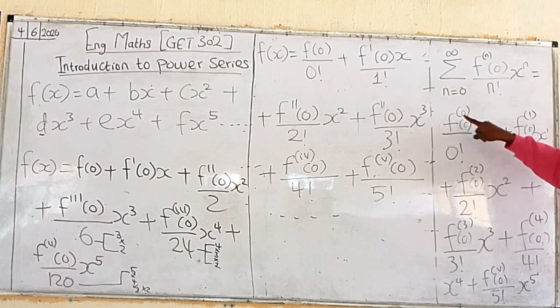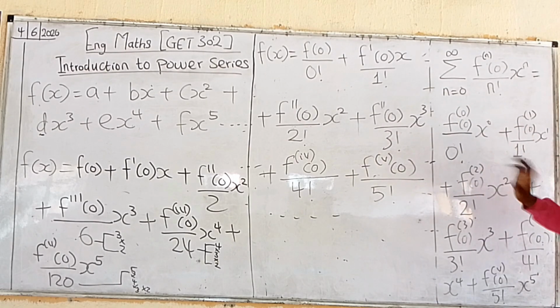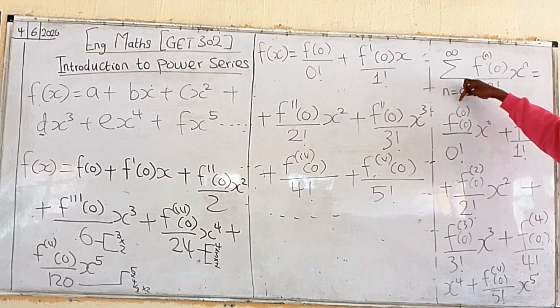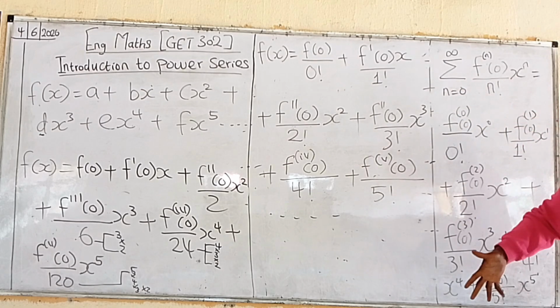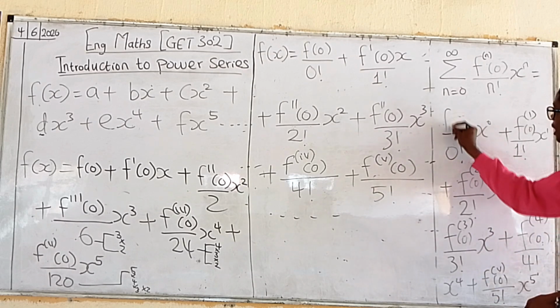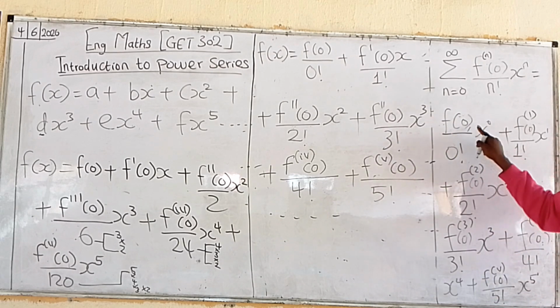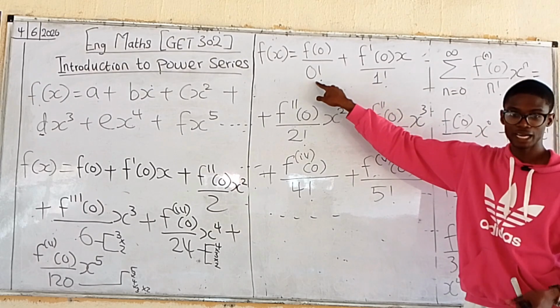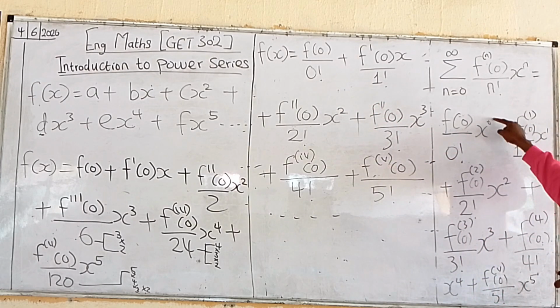Looking at this, the 0th derivative means the function was not differentiated, so f of the 0th derivative will still give you f. This is the same as writing f of 0, but it was not differentiated, over 0 factorial, and x raised to power 0 is 1.